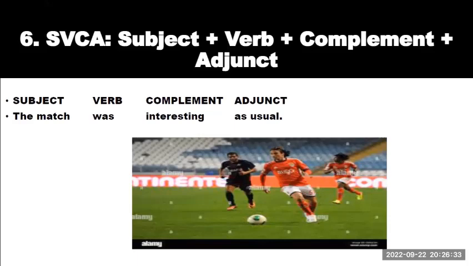Now let's look at this particular adjunct. Let's look at what it actually expresses. The march was interesting as usual. As usual. So as usual here, what does it really express? It expresses the idea of frequency, because as usual here means always, as it normally happens, so most of the time, the march is always interesting.